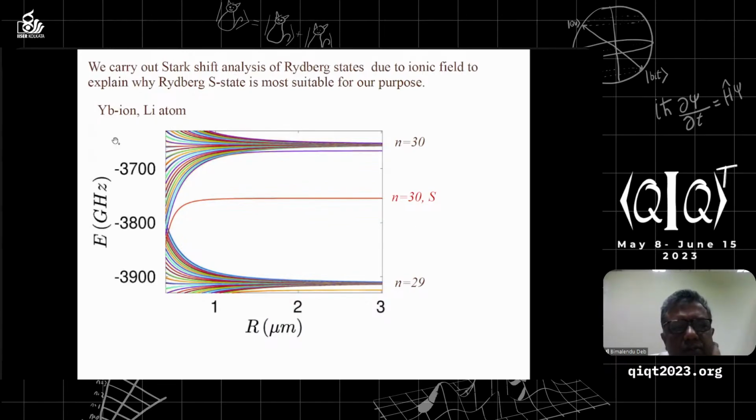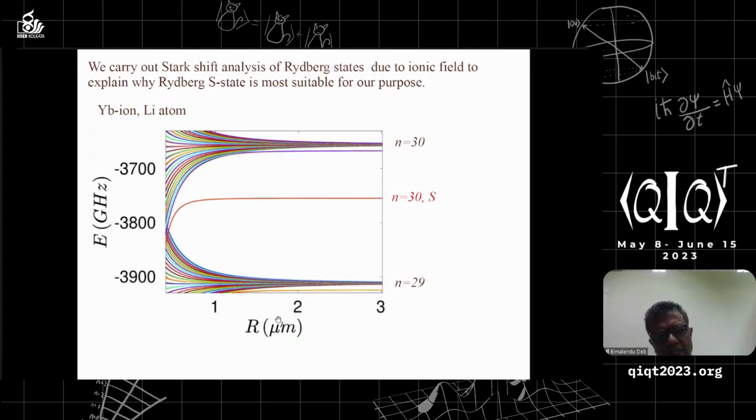Okay, for potassium and rubidium it will be the same, I mean, qualitatively they will be the same. So here, this is the n equal to 29 manifold. So these are electronic states, energy of the electronic Rydberg state.